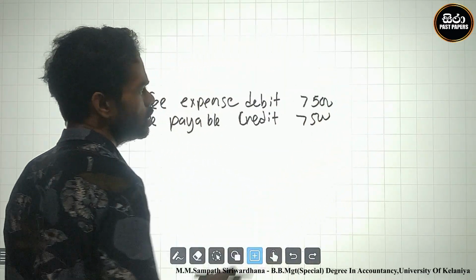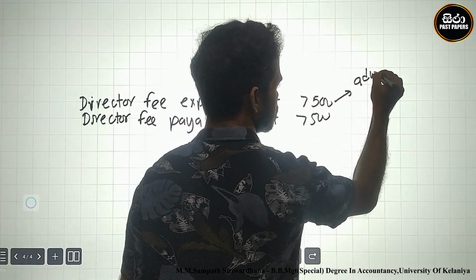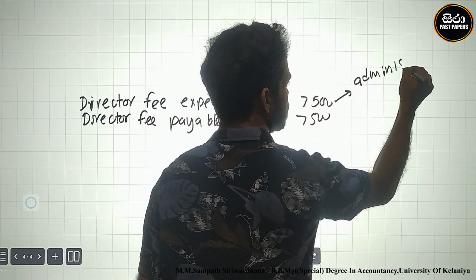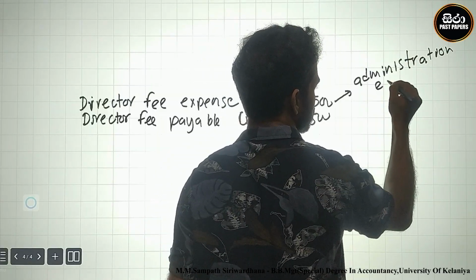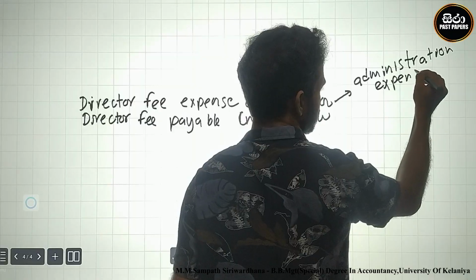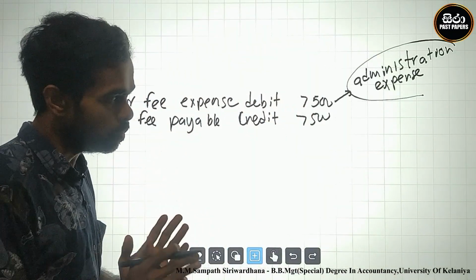What are the locations of these? Director fee expense should be administration expense. Administration expense we must identify. Director fee payable is a payable.